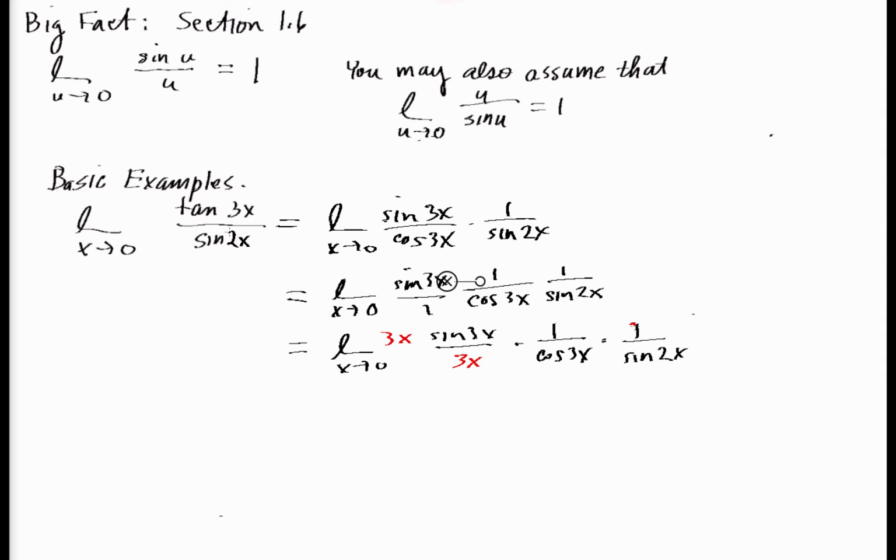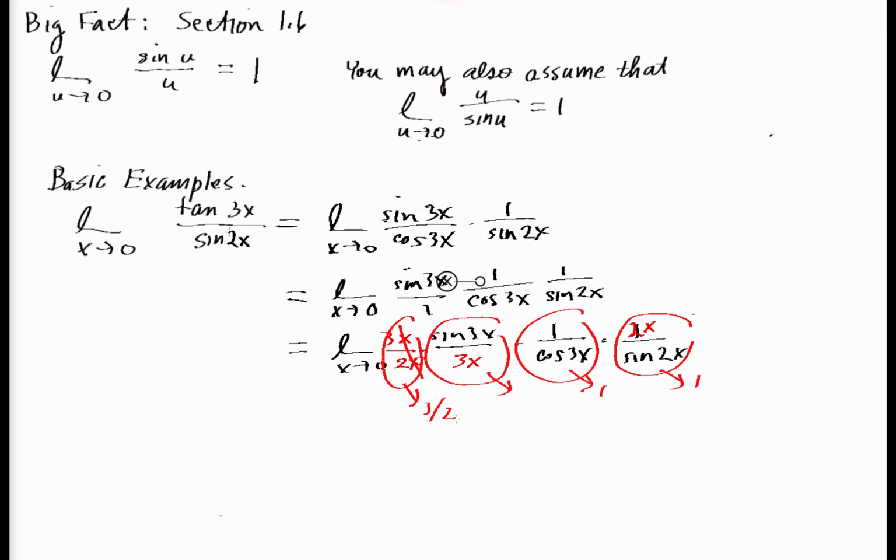Similarly, in the sine of 2x part, we need to both multiply in a 2x and divide by 2x elsewhere in order to fix it up. Now the limit of each fraction piece has been made obvious. And we can cancel out the x's at the beginning, and we can figure the limit as the product of the limits of each part.